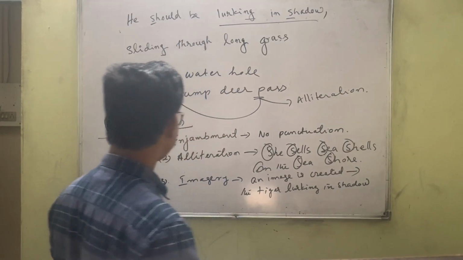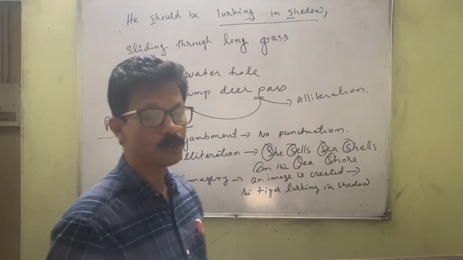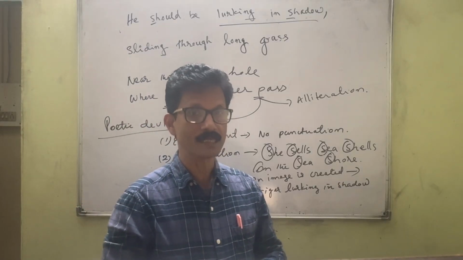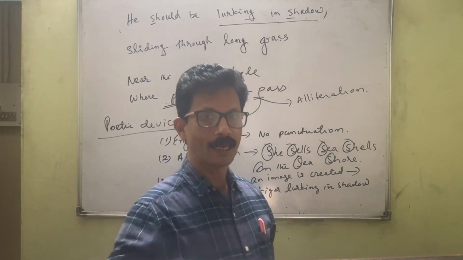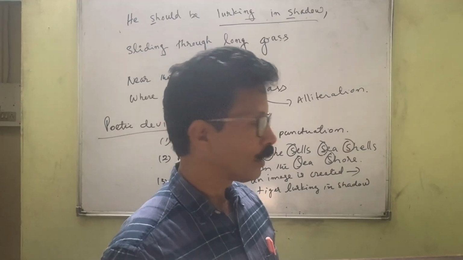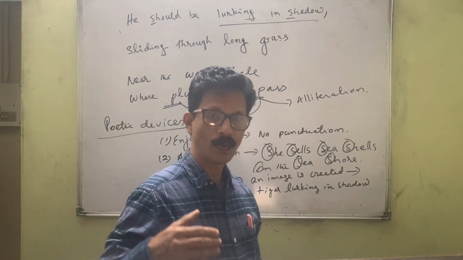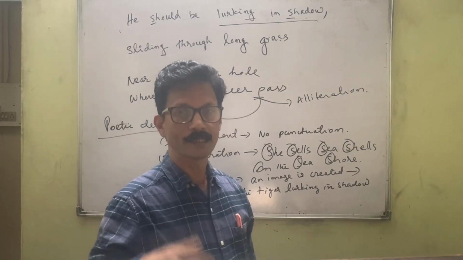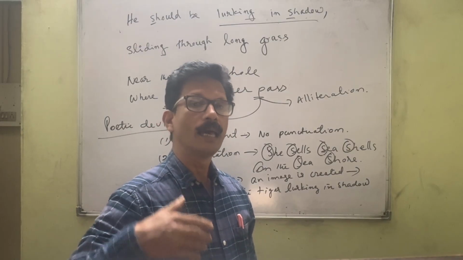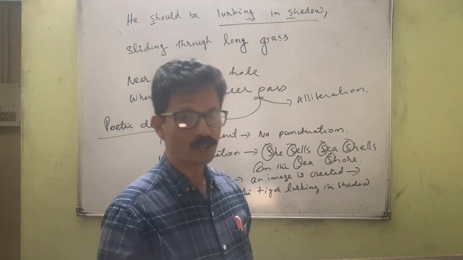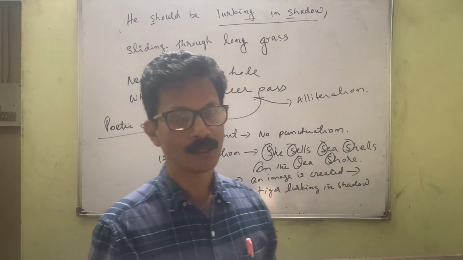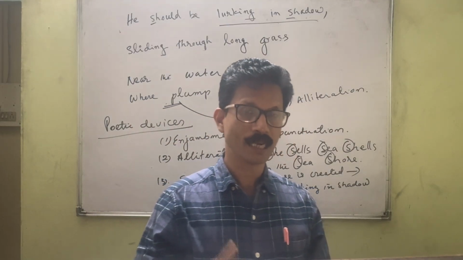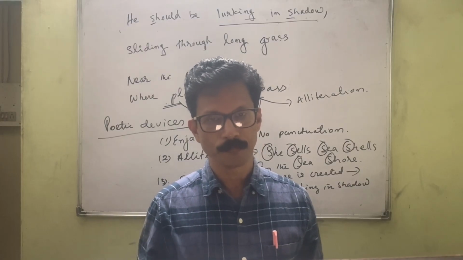So these are the poetic devices used in the second stanza of the poem. Hope you have understood. In the next part of the poem, we will understand the third stanza, line by line explanation and the poetic devices. Okay? That's all. Question answer I will give you later on.